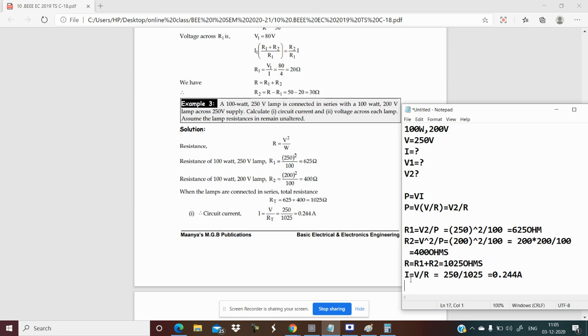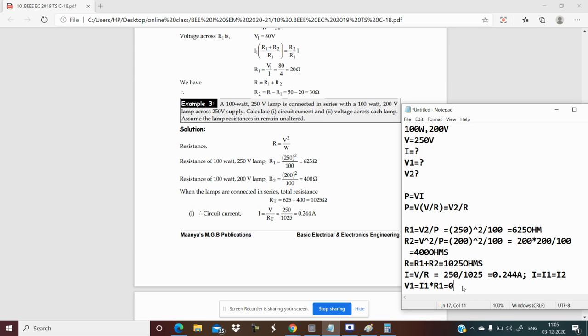So you got the current. Now you have to calculate V1. V1 is equal to I1 into R1. What is I1? As it is a series circuit, I is equal to I1, which is equal to I2.